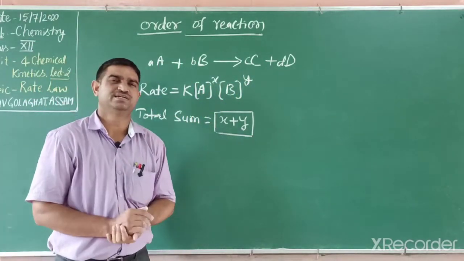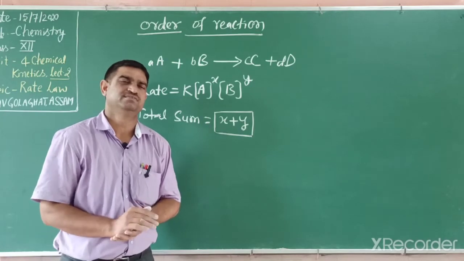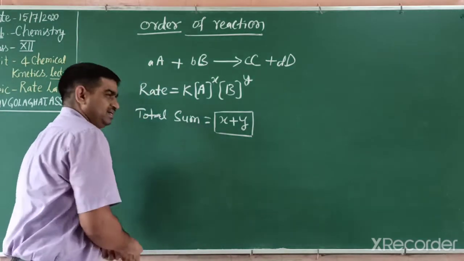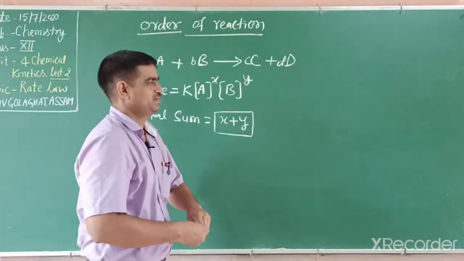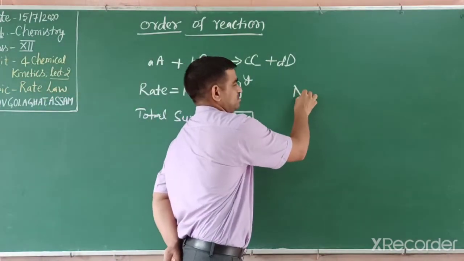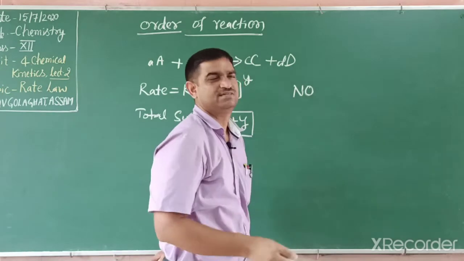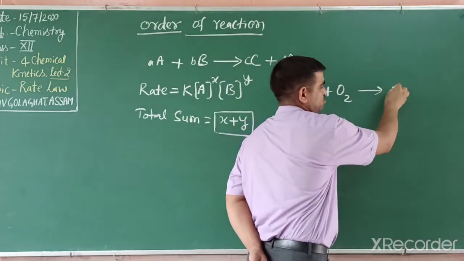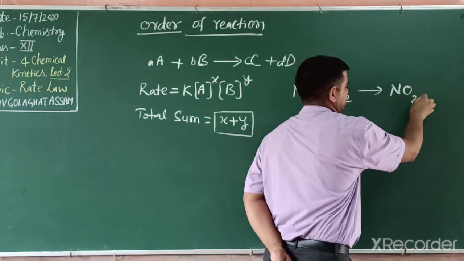But this can be identified only by experimentally determined steps. In earlier examples, nitric oxide reacts with oxygen and converts into nitrogen dioxide.